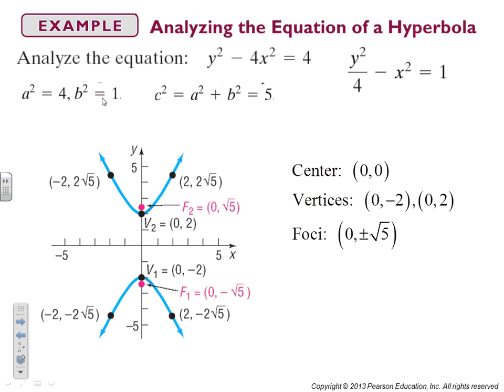We can use our b value to get our narrowness. So they're not doing it here, but I use the box method. If you draw in your b, so here's 1 and 1, and then go through your vertices, you can have a little box, and then if you draw diagonals through your little box, you'll get how wide or narrow your hyperbola is going to be.